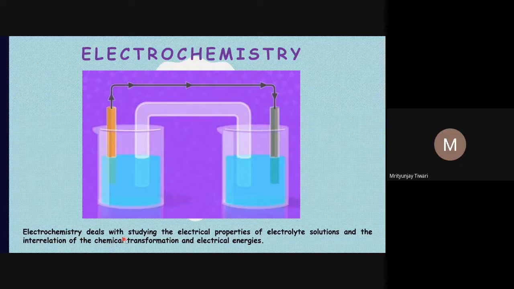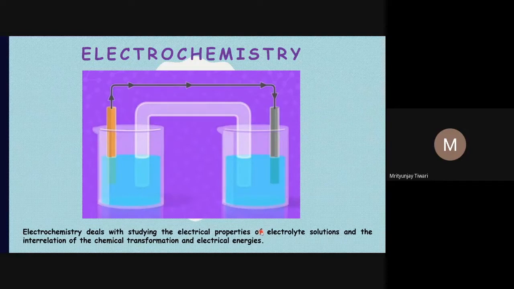So electrochemistry deals with studying electrical properties of electrolyte solutions, which we have studied earlier in ionic equilibrium as well, and the interrelation of chemical transformation and electrical energy. In redox chemistry, certain processes are spontaneous, they have the potential to occur naturally.